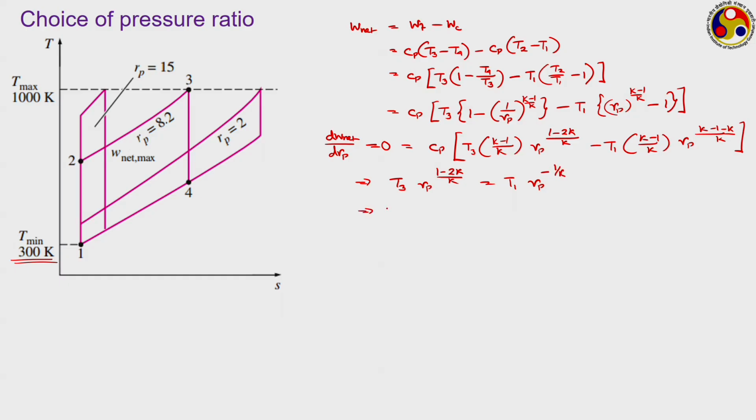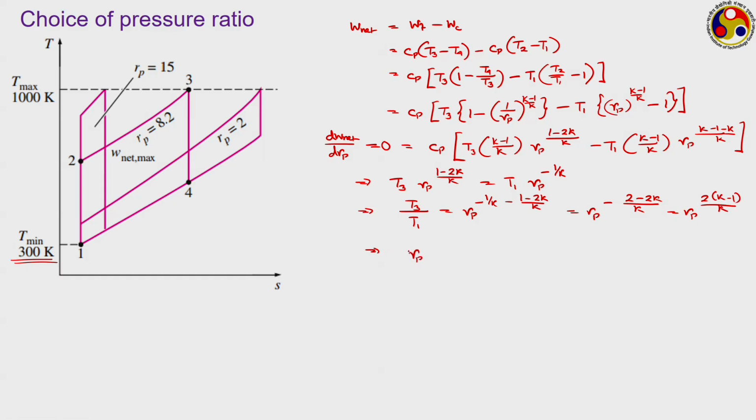If you take all Rp on one side and the rest on the other side, it becomes Rp to the power minus 1 upon k minus 1 minus 2k upon k. So, that is Rp to the power 2 minus 2k, that is Rp to the power 2 into k minus 1 by k.